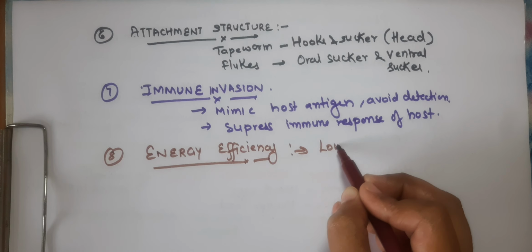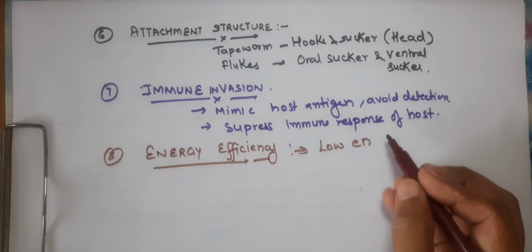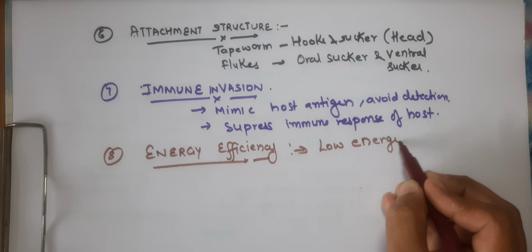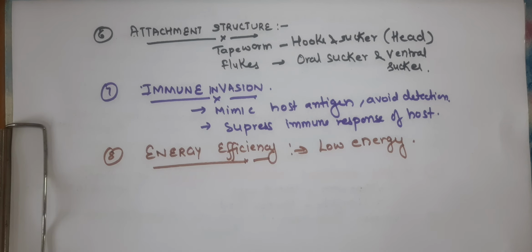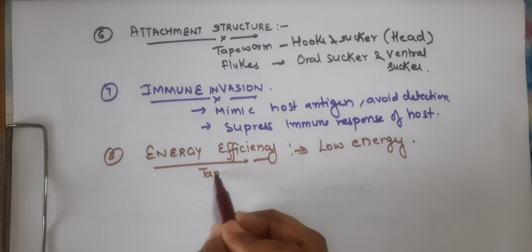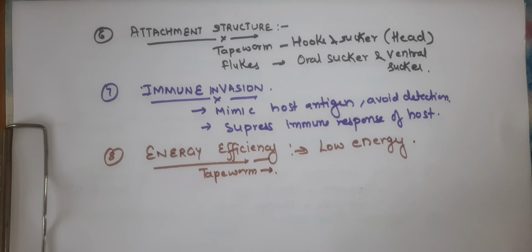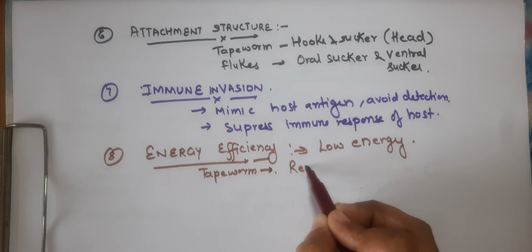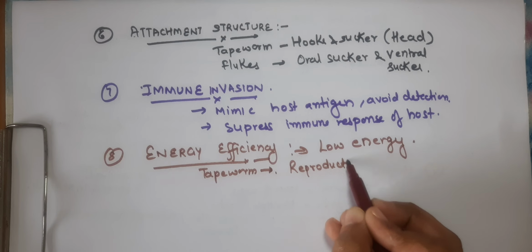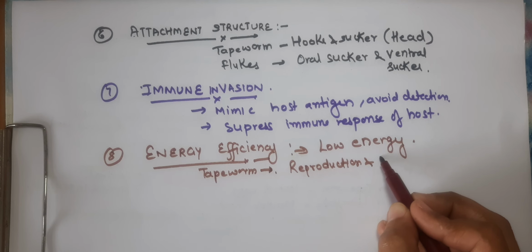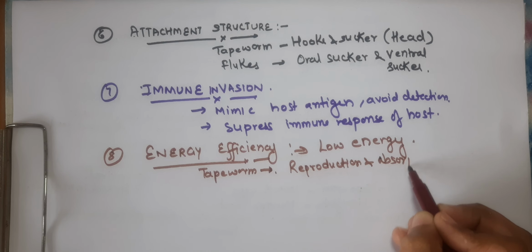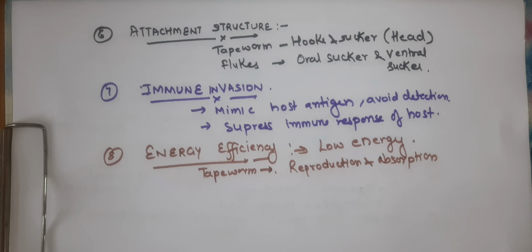Platyhelminths require very little energy compared to free living organisms, as they are completely dependent on their host for nourishment and locomotion within the host body. If we talk about the tapeworm, their simple structure focuses on reproduction and absorption rather than complex organ systems.